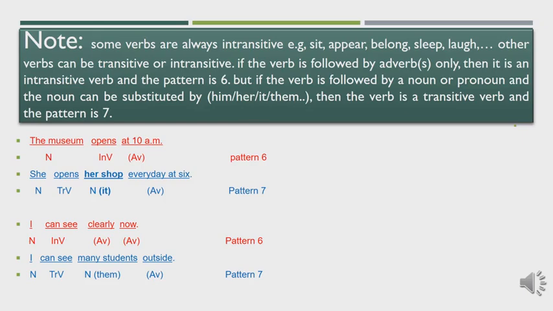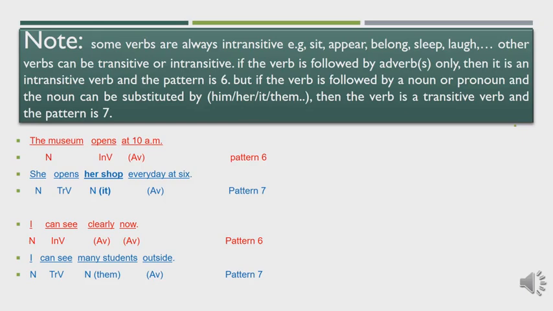Because it is not followed by N, not followed by an object, this verb is an intransitive verb and the pattern is pattern number 6. So the museum is N, opens is an intransitive verb. It is pattern number 6. Of course, the adverb is optional. We put this adverb between two brackets, which means that it is optional.